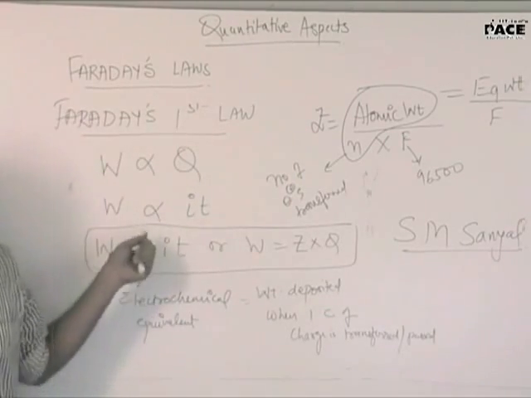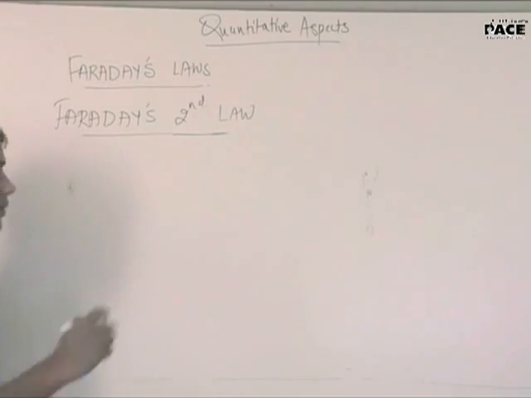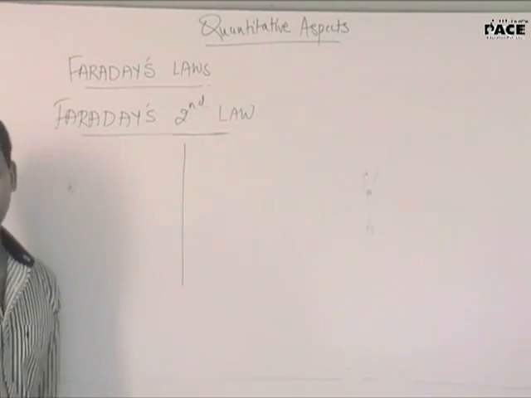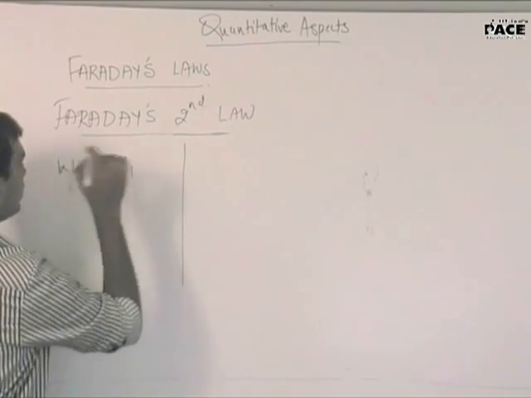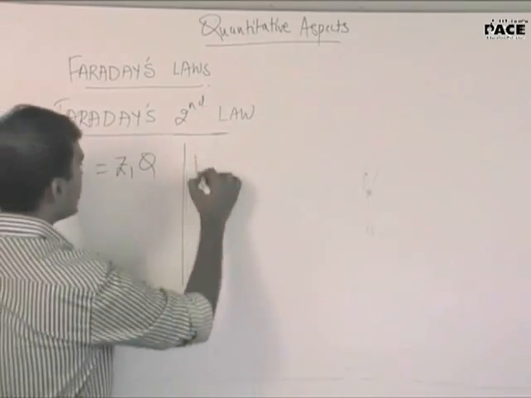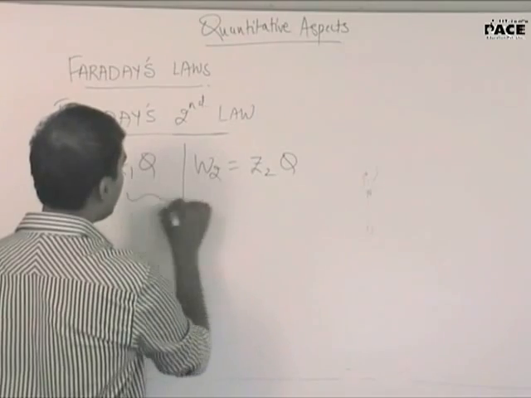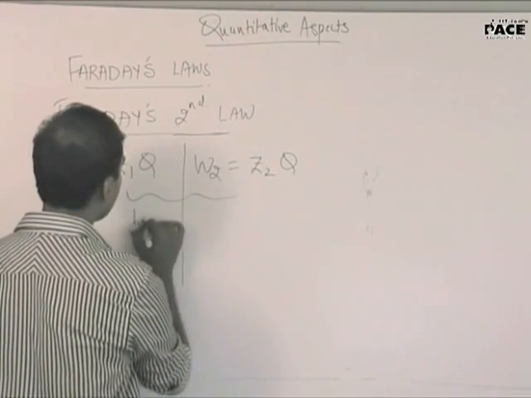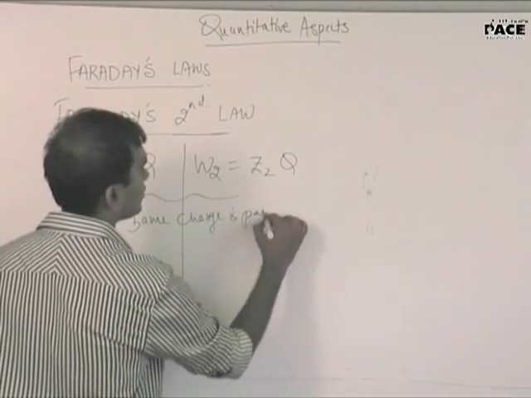Shall we go ahead? This is just an extension of the first law. For example, if I have two electrodes, I can write W1 equal to Z1 into Q, and W2 equal to Z2 into Q, assuming the same charge is passed.